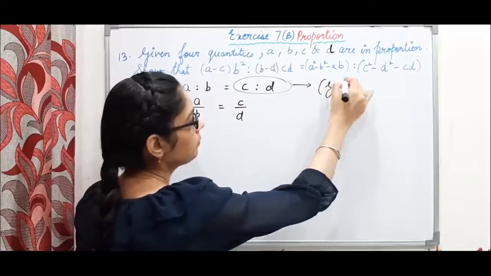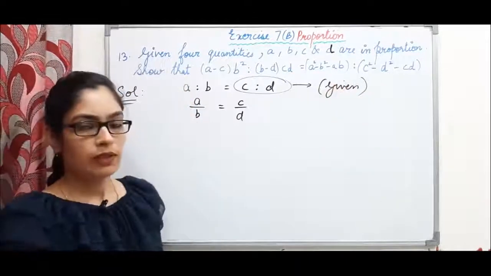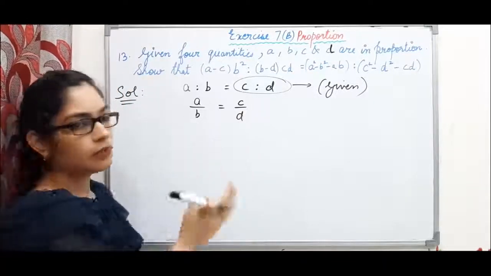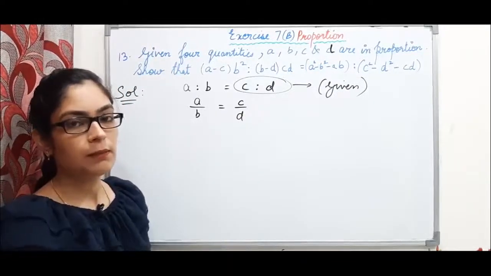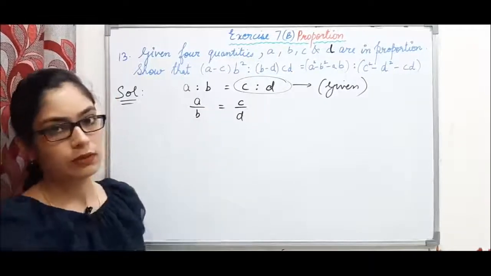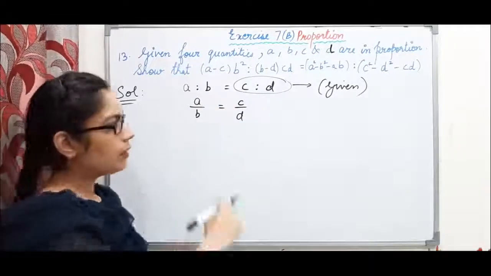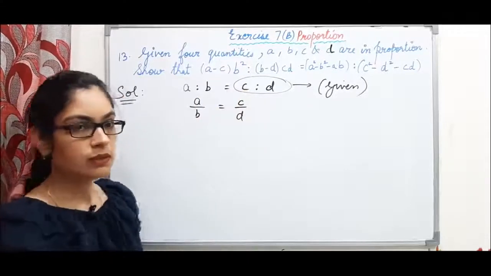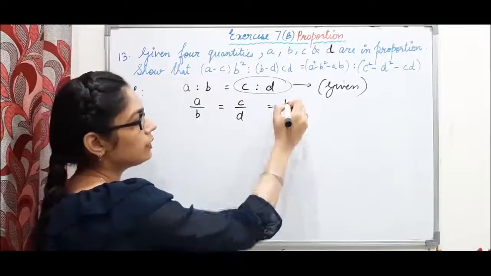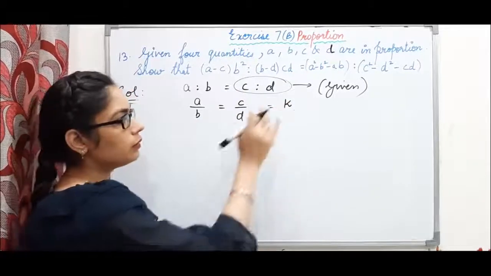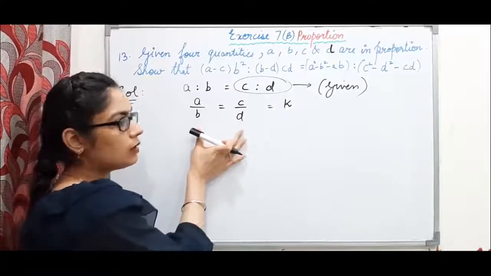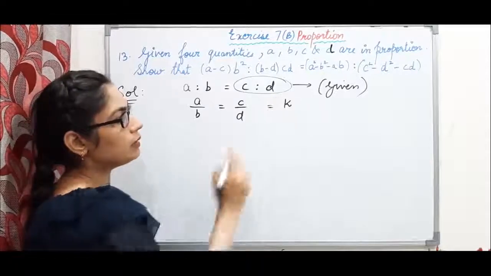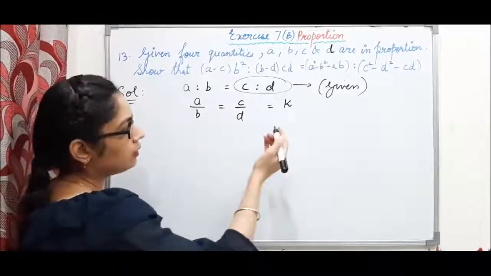This type of question we have already done, 7th question, 3rd part, where three quantities were in mean proportion. Here four quantities are given, so we simply take the ratio A is to B equals C is to D. In this type of question, we assume these two ratios are equal to K, because if they are equal to each other, they will be equal to some number.